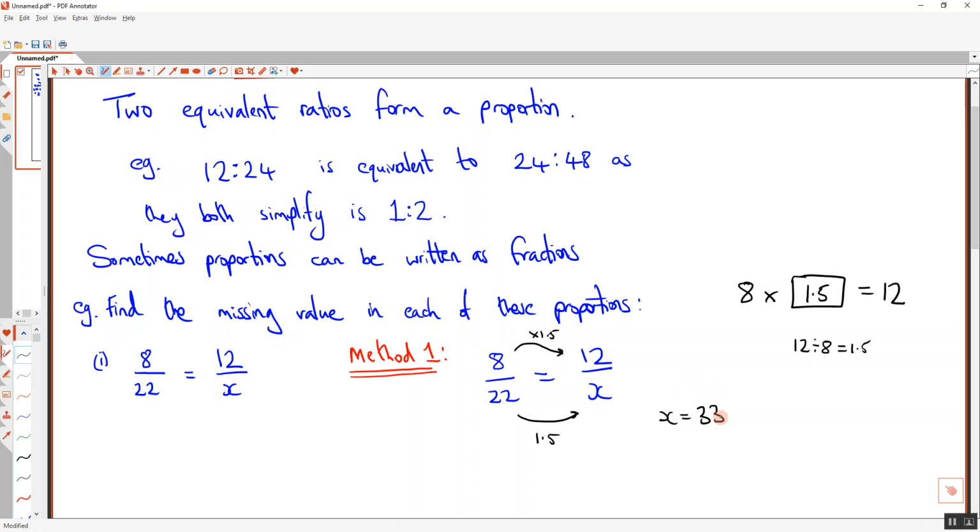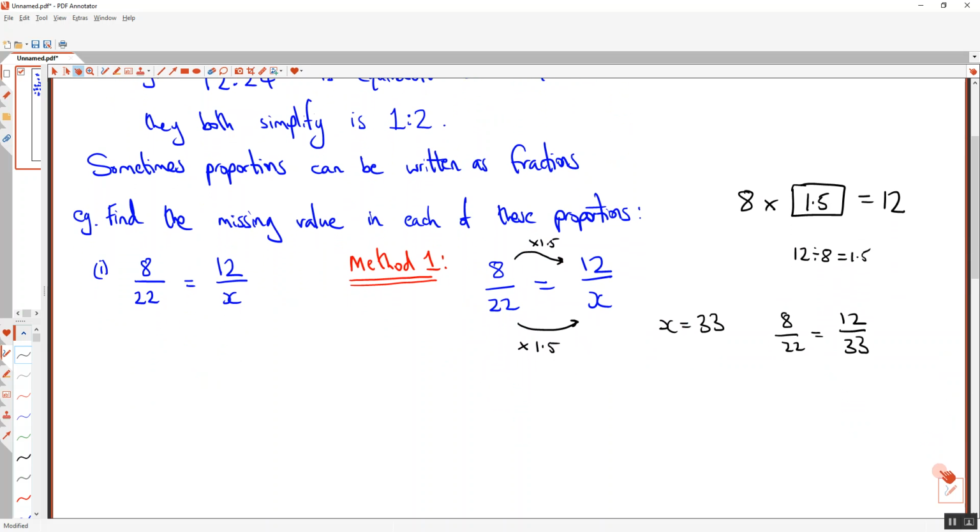Yes, 33. Okay, so 8 over 22 is the same as 12 over 33. Okay, so remember, whatever you do to the top, you do exactly the same to the bottom, okay? Is that okay? Make sense? Okay, I'll let you finish copying and then we'll have a look at method 2.